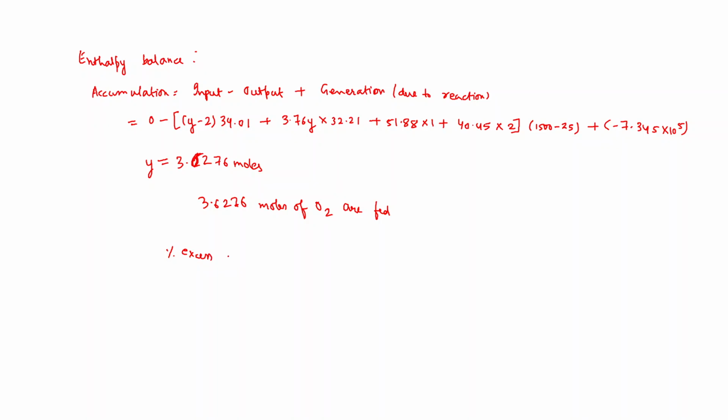So excess oxygen is (3.6276 minus 2) upon 2, into 100, which gives us 81.3% excess oxygen. So the answer is 81.3%.